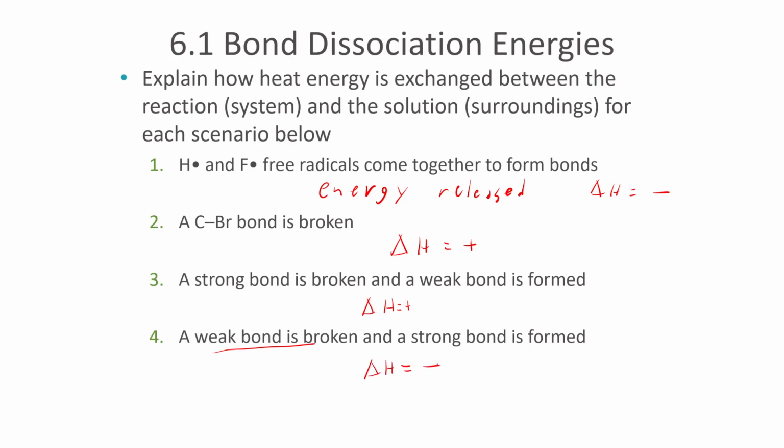So delta H will be negative in that case. So that's a way that you can predict the delta H of a reaction without having exact bond energies to calculate it. And that's usually what we do. We don't usually calculate the delta H exactly like you would do in general chemistry. We just kind of estimate. We mainly want to know if it's positive or negative most of the time.